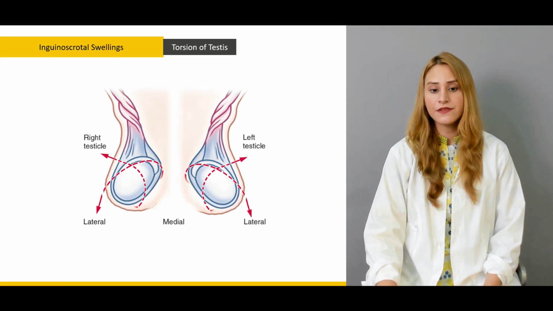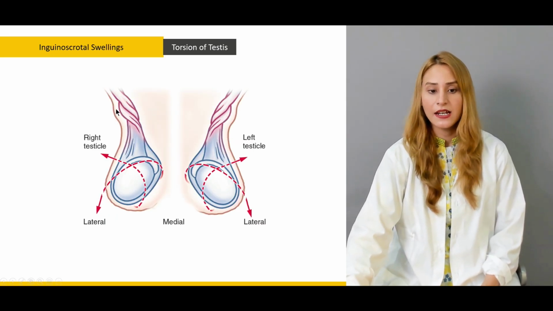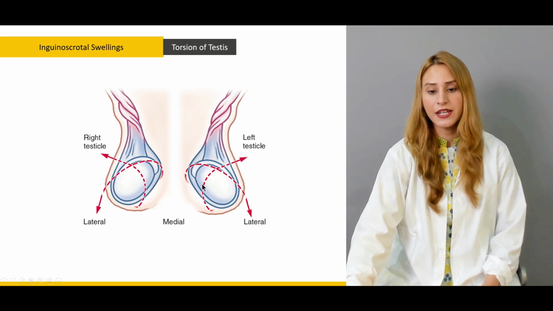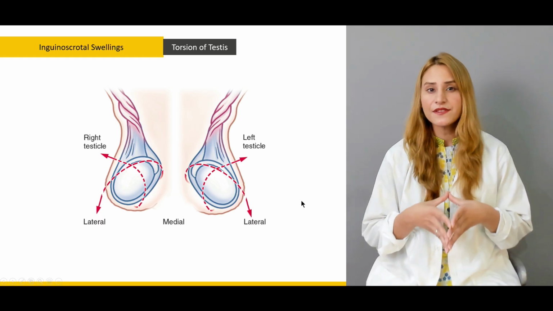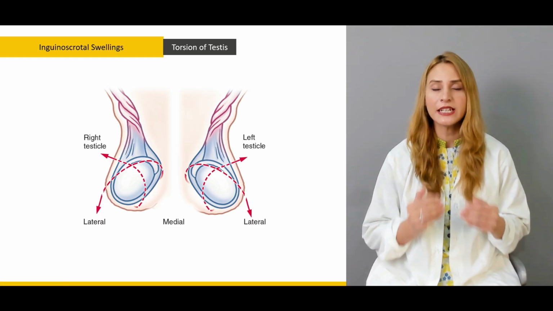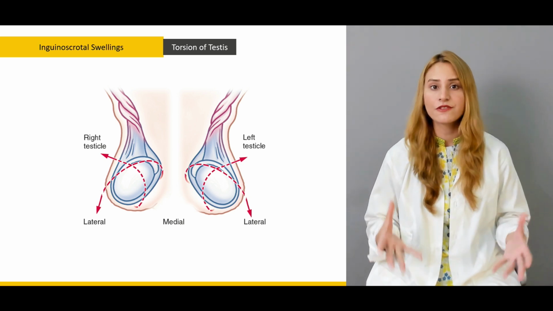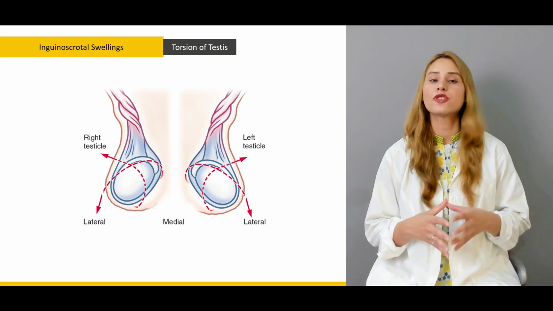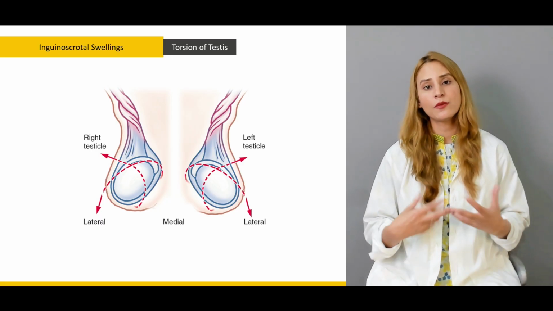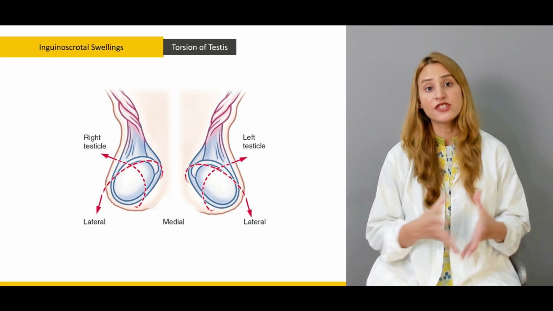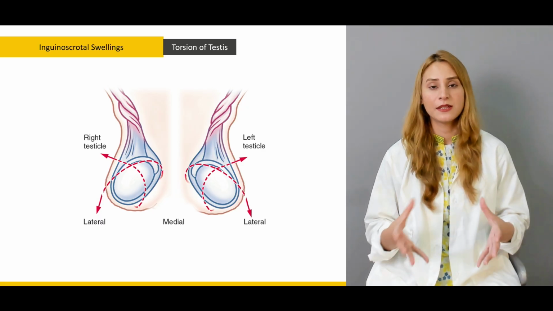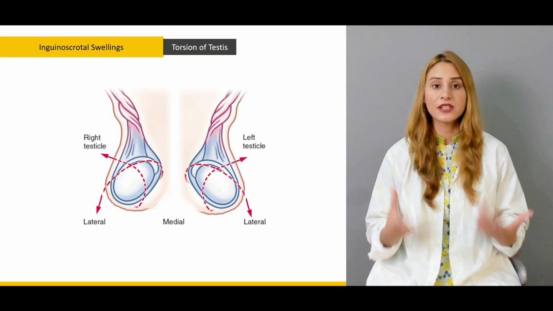There can be a torsion of the testes. This is the right testicle, this is the left testicle. Sometimes there can be a medial or lateral torsion of the testes. But the torsion of the testes is extremely painful. The pain is out of proportion, and you try to give so many analgesics to the patient, but the pain is usually not responsive.